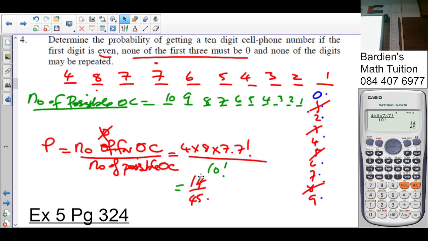So that we know the number of possible outcomes, I wouldn't have said 10 to the 10.